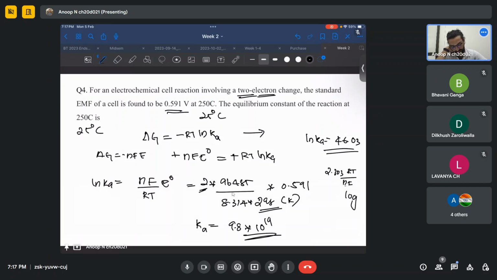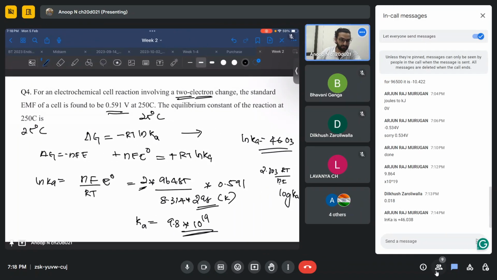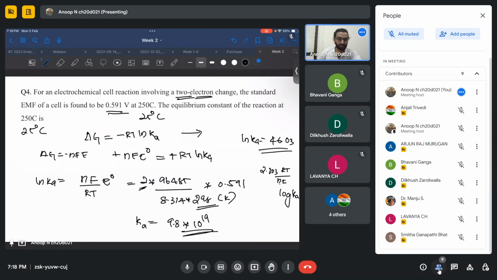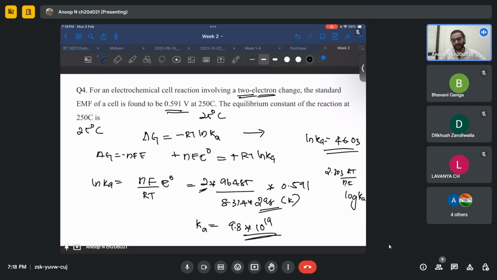Is it done? In that case, we can move on to the next problem. Shall we? Or anyone have doubt? Just stick to the basic calculations.